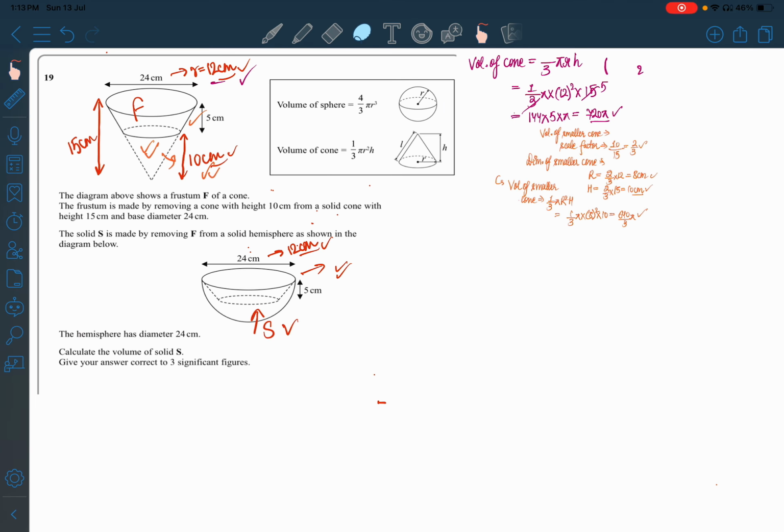Now we should move towards the next step. We have to calculate the volume of this hemisphere.